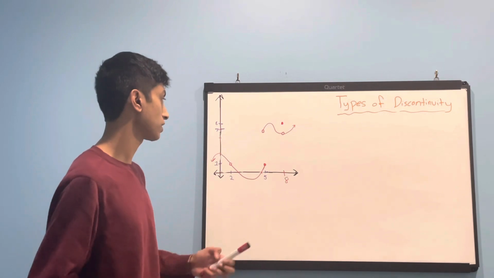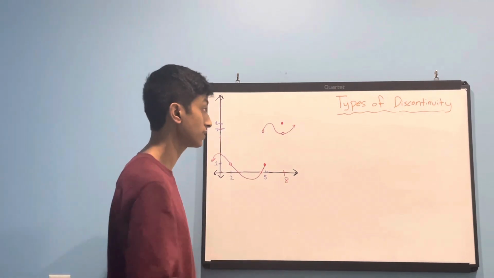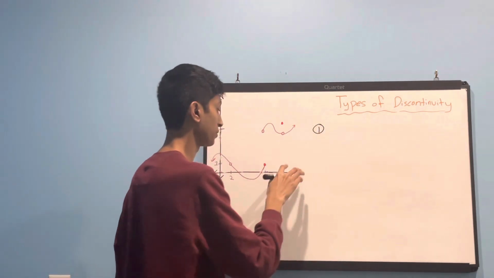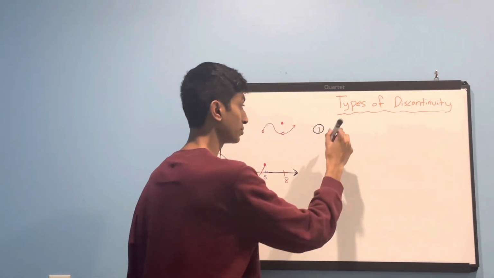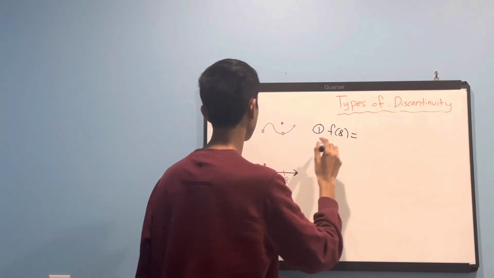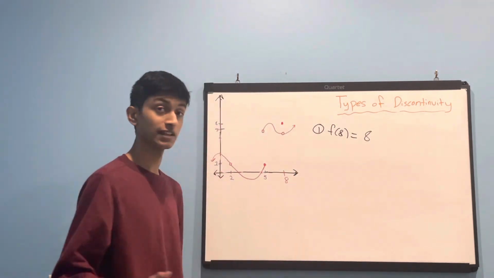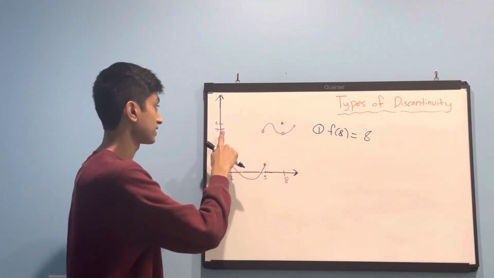So for the hole discontinuity, you could pass the first step of the continuity test. I'm going to use x equals 8 as an example. So for f of 8, we get 8. And for the left and right limit, you're going to get 7.